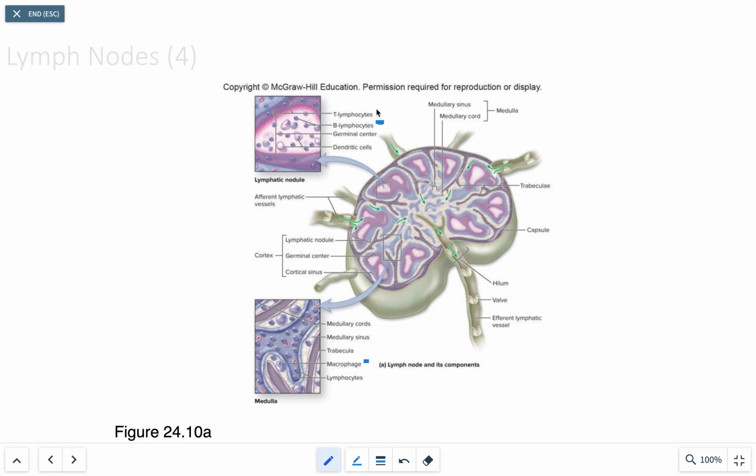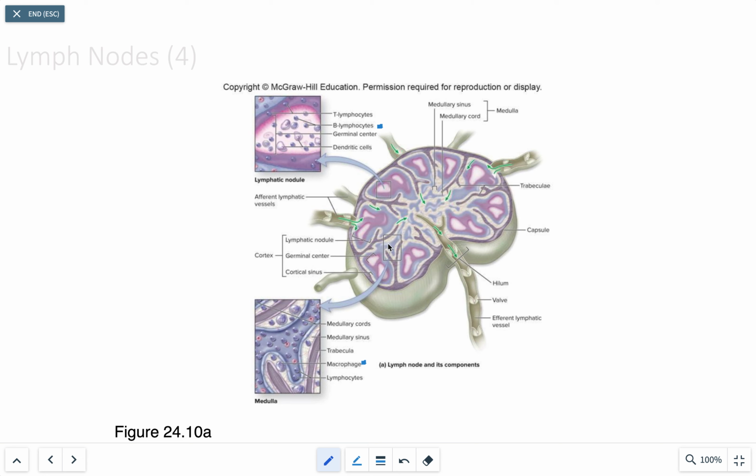The T lymphocytes are going to actually be located outside of the germinal centers. So here would be kind of the line. Anything located inside would be considered to be inside of the germinal centers, such as the B lymphocytes or the macrophages, and anything along the outer edge, such as the T lymphocytes.